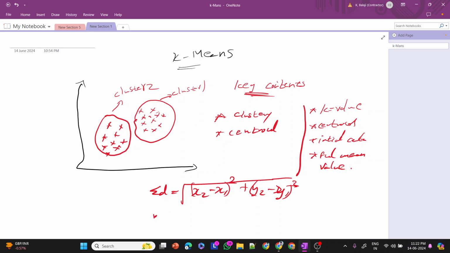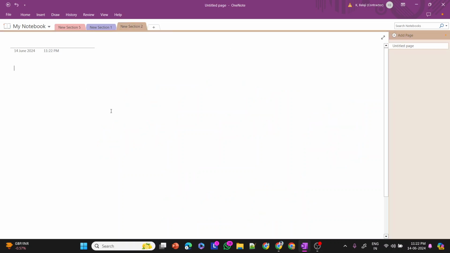For Manhattan distance we have the modulus of x1 minus x2 plus the modulus of y1 minus y2. This is the formula to find the distance between two points in a 2-dimensional space.